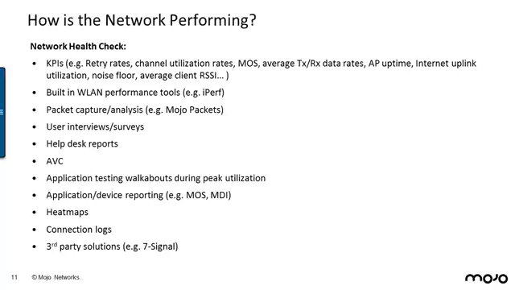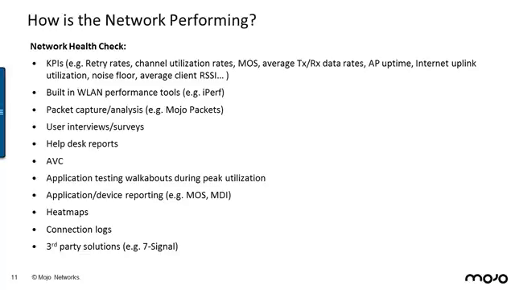ABC, so application visibility, looking at what applications are being used, and maybe some applications that are taking up too much bandwidth that you weren't aware of, but you can find out by looking at your application visibility. And then application testing walkabouts during peak utilization. This, of course, is time consuming, but it's one of the best ways.